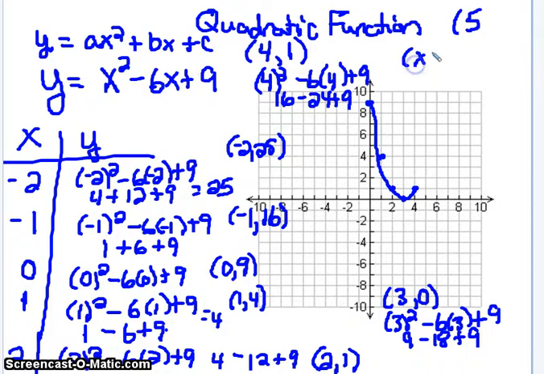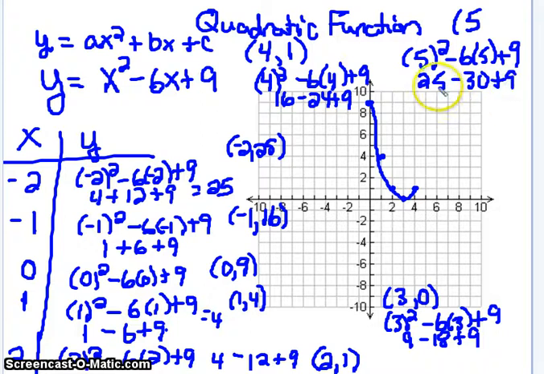So I get 5 squared minus 6 times 5 plus 9. Well, that gives me 25 minus 30 plus 9, which if I put these two together, that's 34 minus 30. So it is 4.